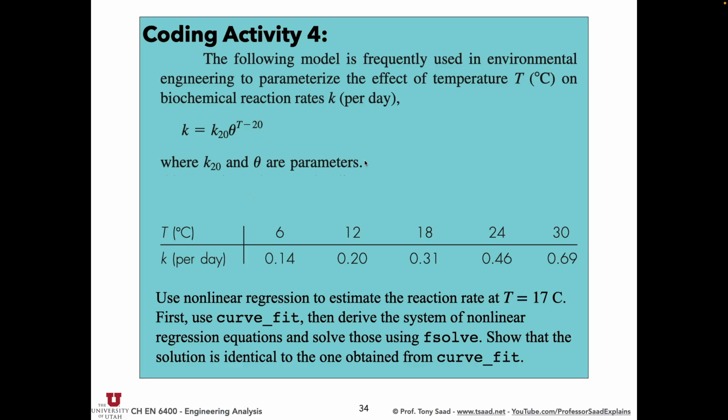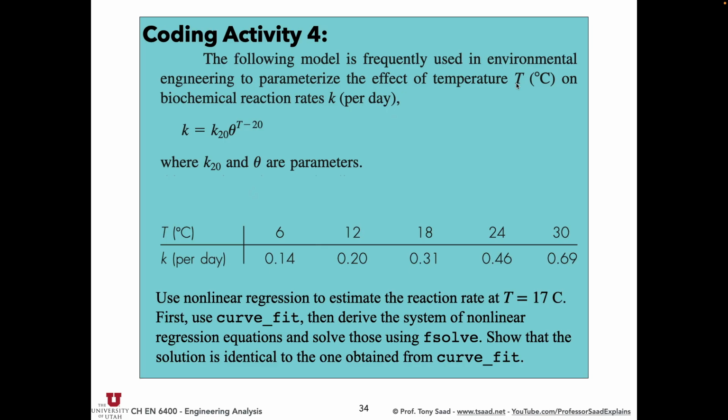I wanted to try this model because this is a nonlinear one. The following model is frequently used in environmental engineering to parameterize the effect of temperature in Celsius on biochemical reaction rates of some species. It's given by k equals k20, which is the value at T equals 20, times theta, which is another parameter related to the temperature, to the power T minus 20.